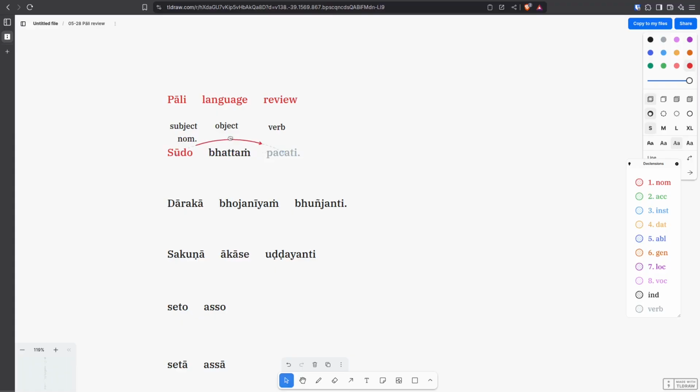What is the cook doing? The cook is pachati. He is cooking. And what is he cooking? What is the object? He's cooking rice. And that will be the accusative.